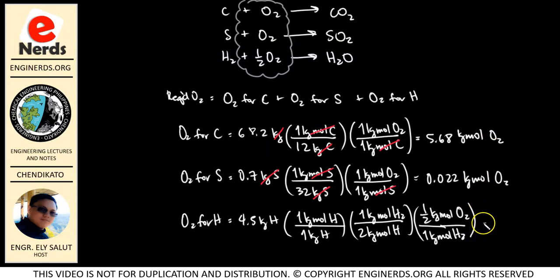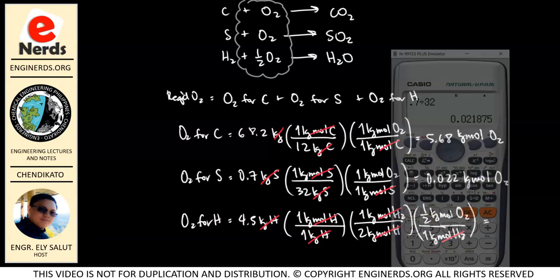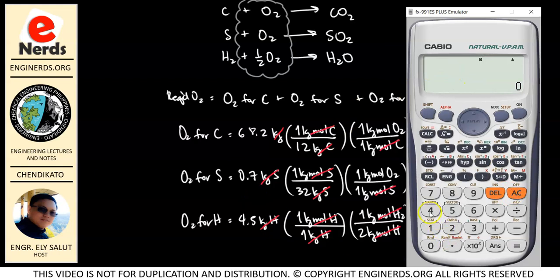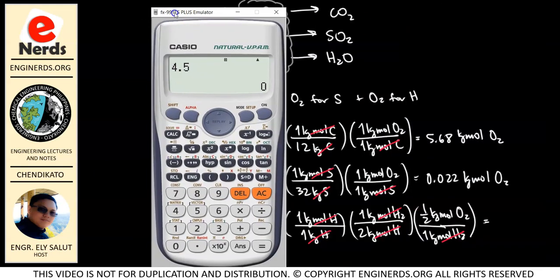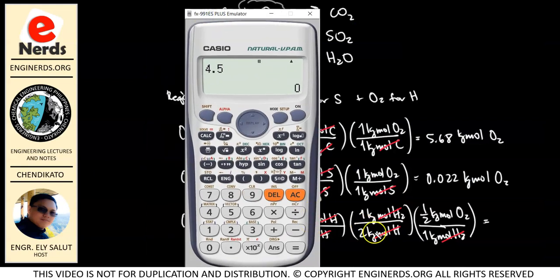Ba? So, tingnan ulit natin yung units natin. Kilogram of hydrogen, kilogram mole of hydrogen, kilogram mole of H2. So, we have kilogram mole of O2, no? So, we'll try to solve that now. We have 4.5 divided by 2, no? Meron tayo ditong denominator na 2.